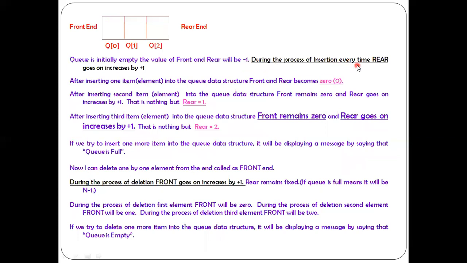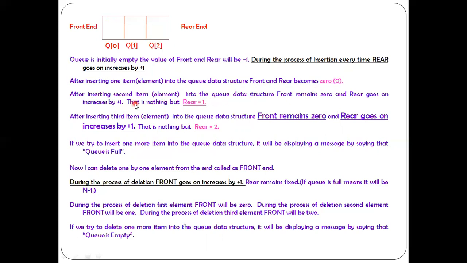During the process of insertion, every time rear increases by +1. After inserting the first element into the Q data structure, front and rear become 0.